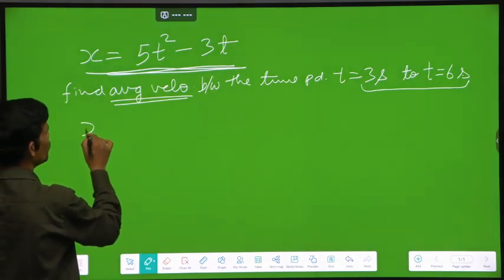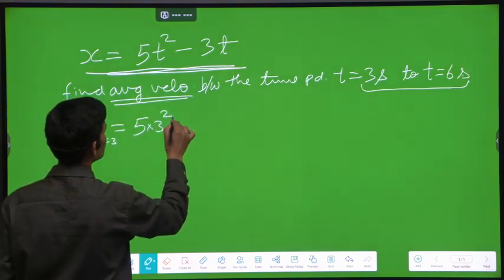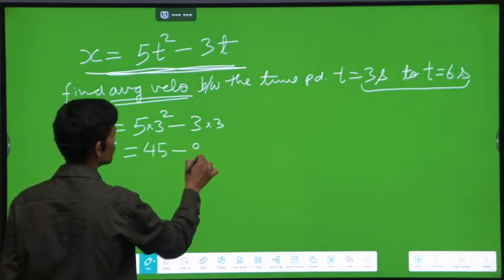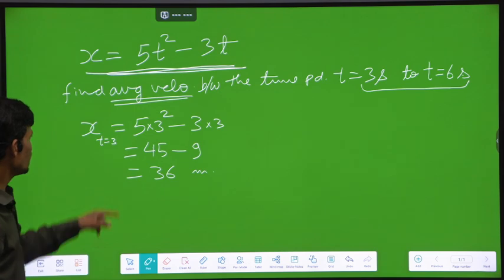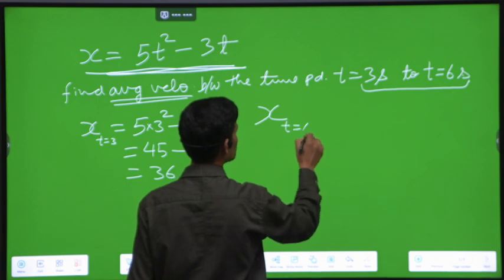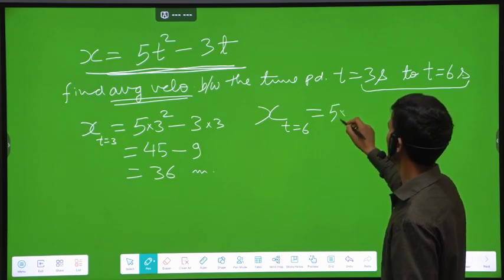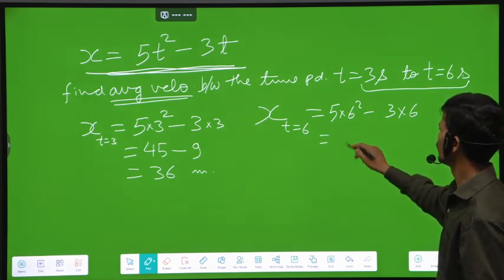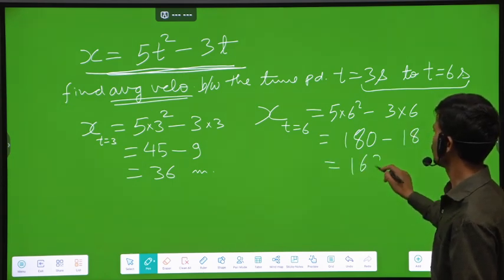What we will do, we will find x at t equal to 3, we'll put t equal to 3. And now I can put meter. And then again x at t equal to 6 second, then it will be 5 multiply 6 square minus 3 multiply 6, 180 it is, minus 18, 162 meter.